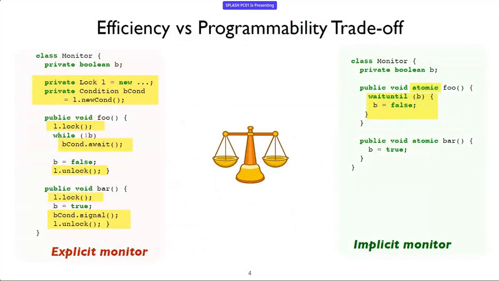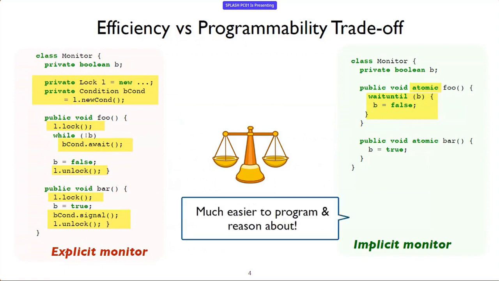As you can imagine, when you compare explicit and implicit monitors, we have the familiar trade-off between efficiency and programmability. By comparing the explicit and implicit implementations of the same monitor, the implicit monitor looks a lot more concise.